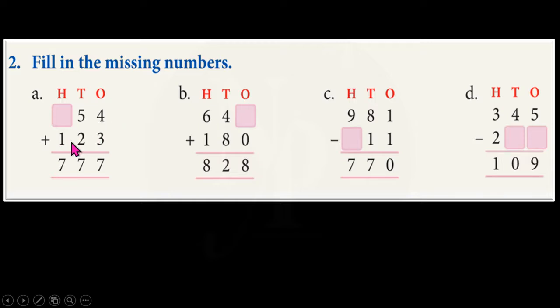In the second row we have 123, and the sum, we are adding these numbers. Sum is also given. Sum we get is 777. So we should, looking at all the numbers given here, find out the appropriate number to be filled in this box. Let us do it now.